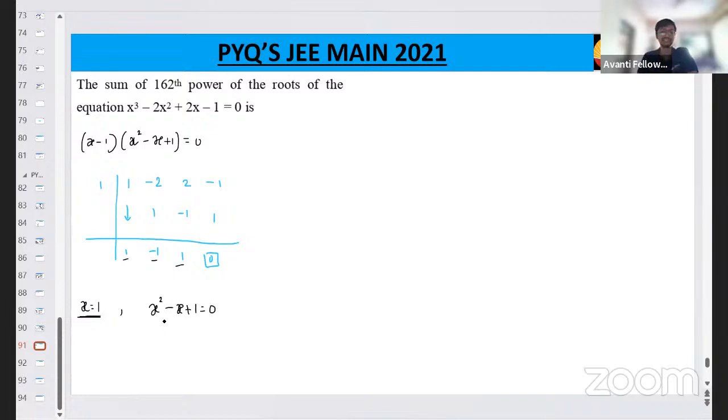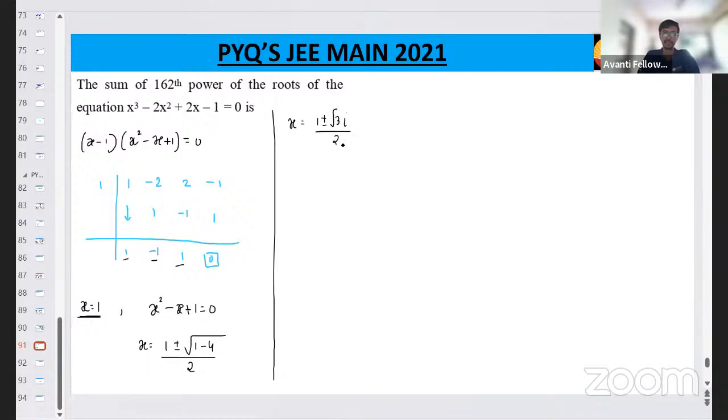Now this cannot be factorized, right? So what we need to do, we need to use the formula method. So x is minus b plus minus under root of b square minus 4ac upon 2a. तो एक तो 1 आ गया है, and the other roots are 1 plus minus root 3i by 2.